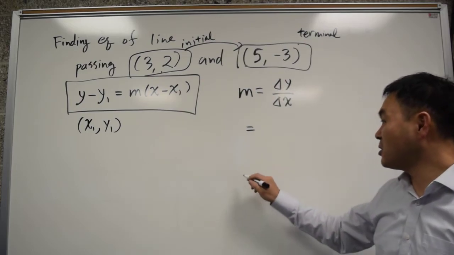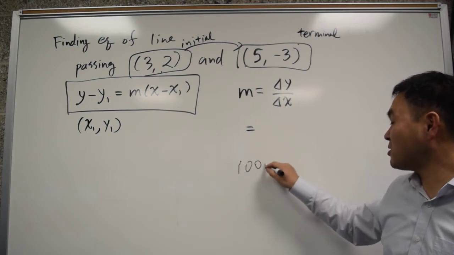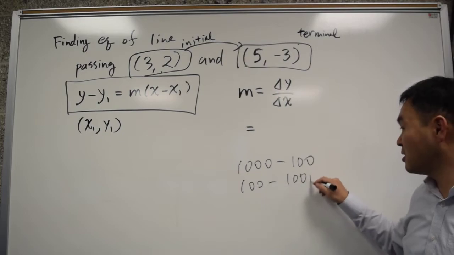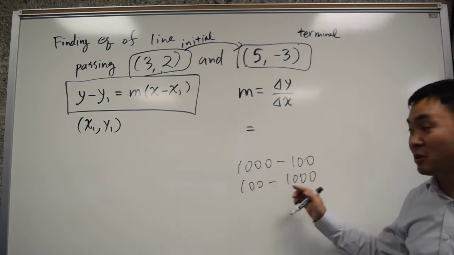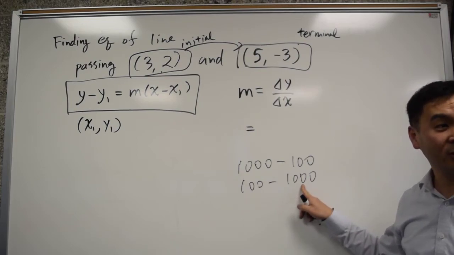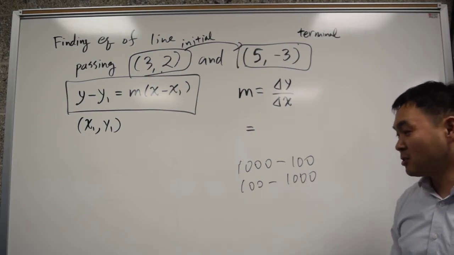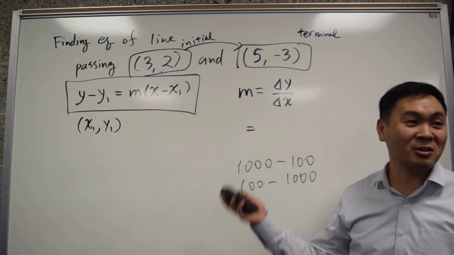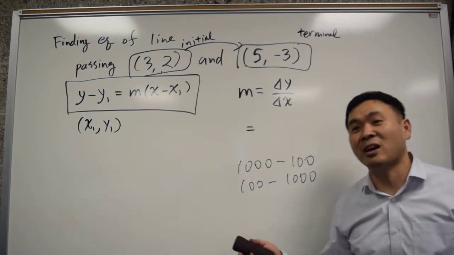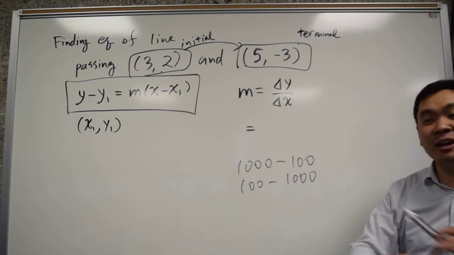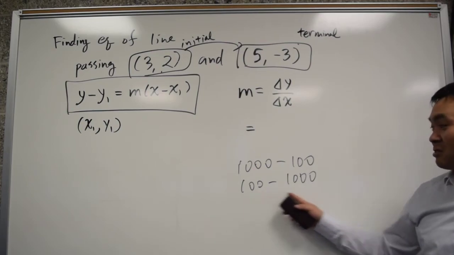Do you do 1,000 minus 100, or 100 minus 1,000? You do 100 minus 1,000 because that's your final value, and this is your beginning value. It would have been nice if you were up by 900, but if you had 1,000 and ended with 100, that means you lost 900, not gained 900, so this is the correct value.